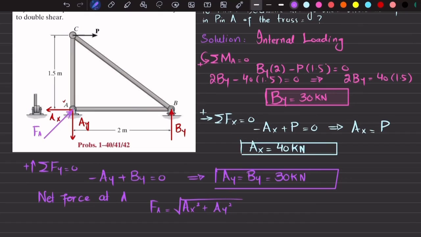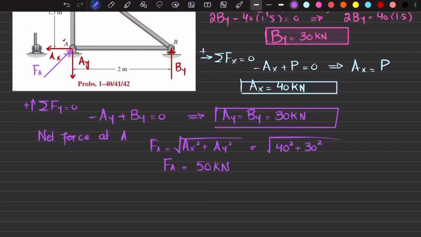So just put the value. Ax is 40, so 40 square plus Ay is 30, so 30 square. So from here, when you calculate it, you will get FA equal to 50 kilonewton. Now this 50 kilonewton acts on this pin support at point A.